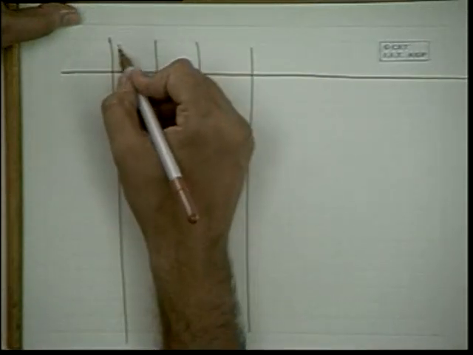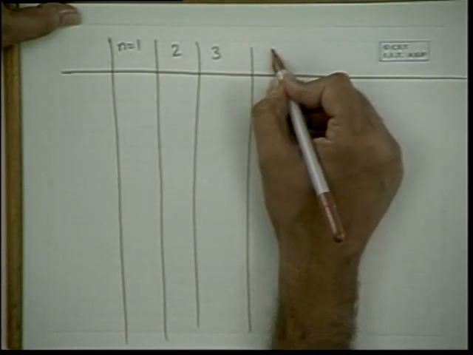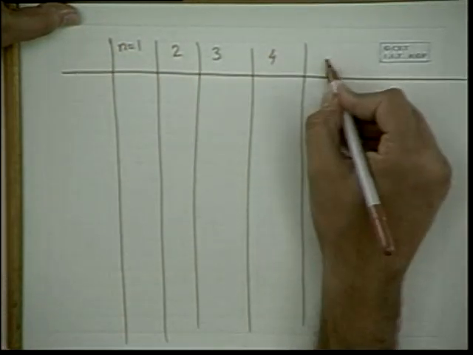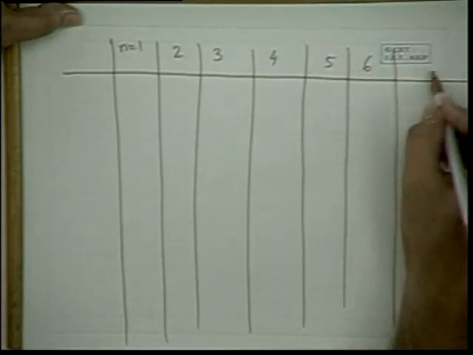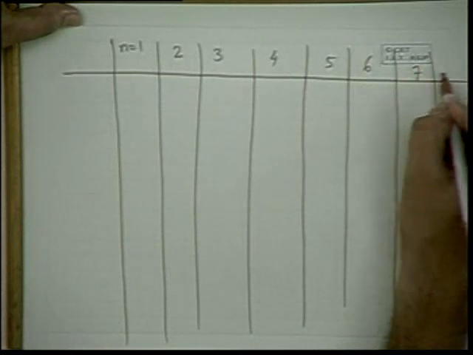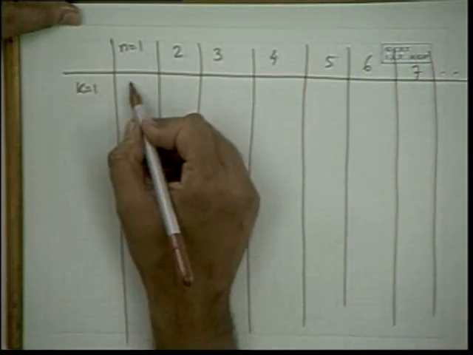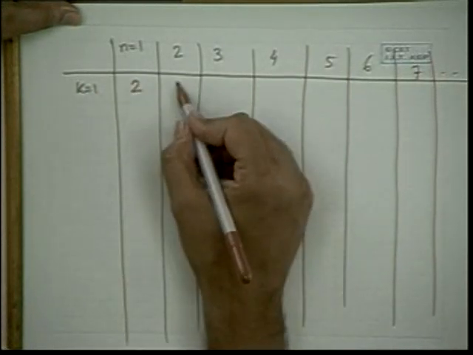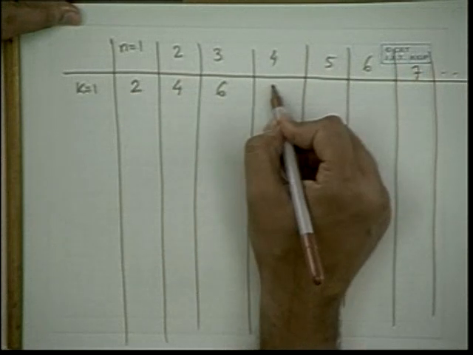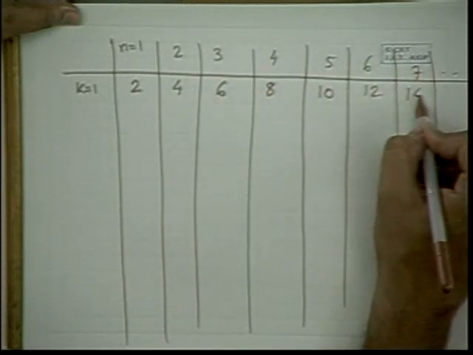So here I'm putting n equal to 1, 2, 3, 4, 5, 6, 7, and it goes on. Now here k is equal to 1. A_k(n) will be 2, then 4, 6, 8, 10, 12, 14.